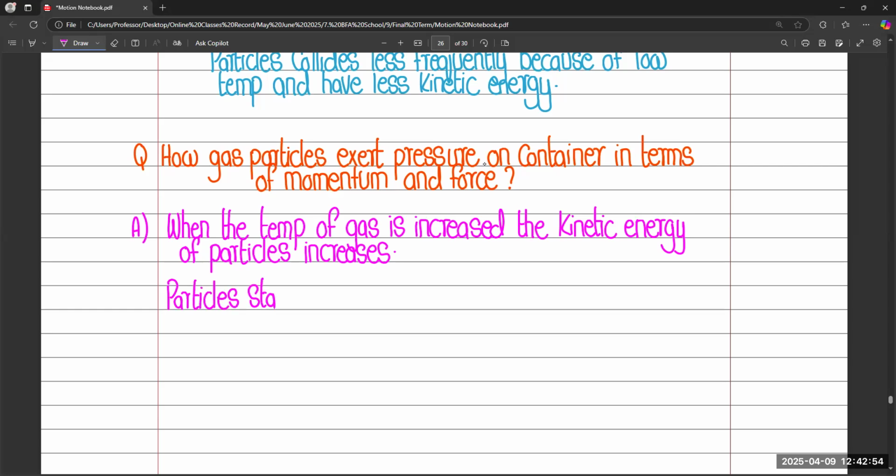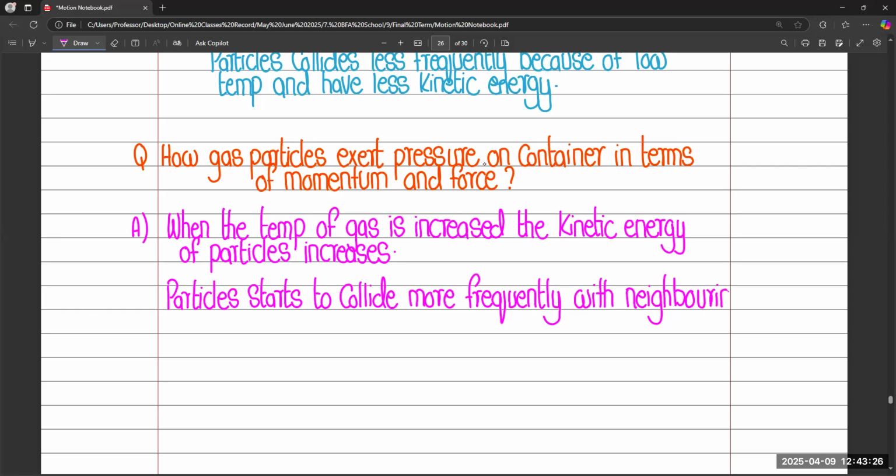Particles start to collide more frequently with neighboring particles and walls of the container.